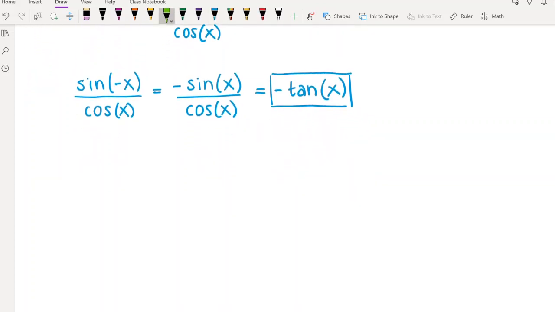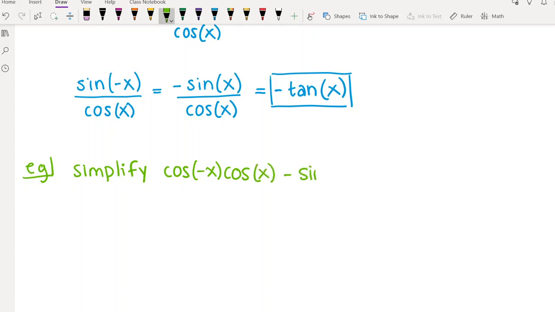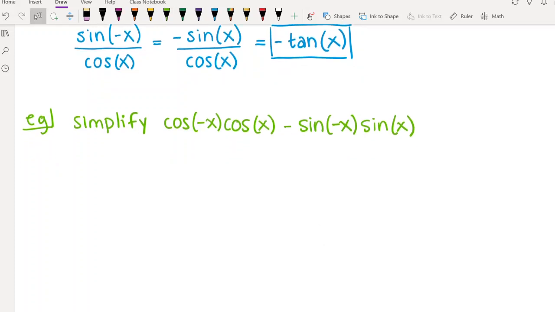All right, last example of the video. Let's simplify this one. We're going to have cosine of negative x times cosine of x minus sine of negative x times sine of x. Just like in the last one, you really cannot combine these until they have the same input.